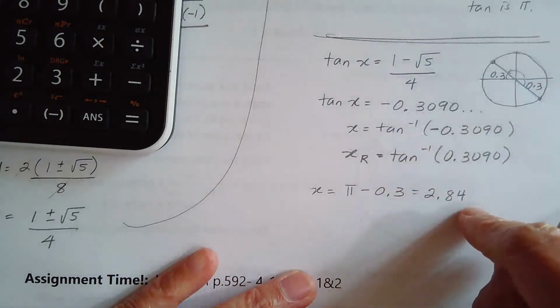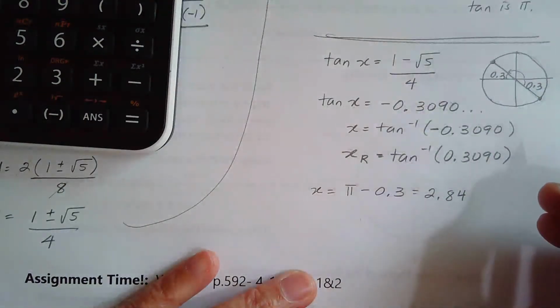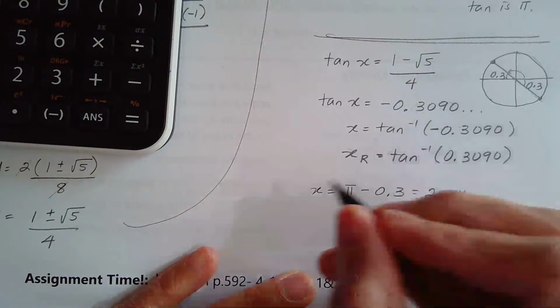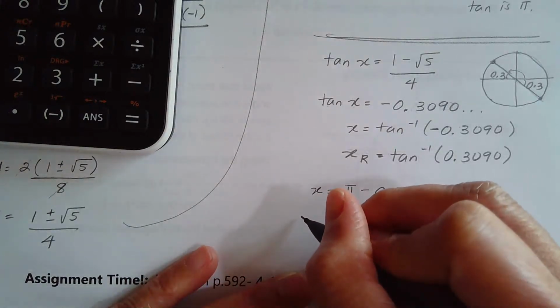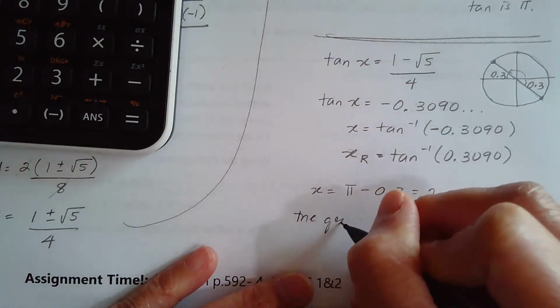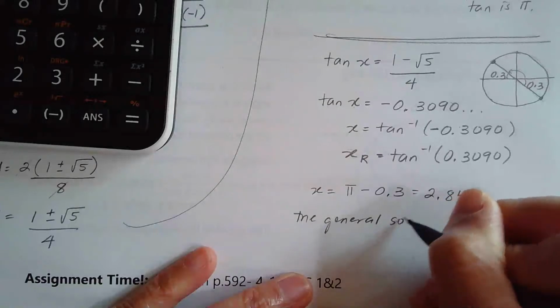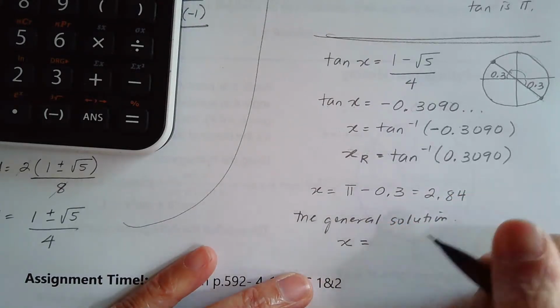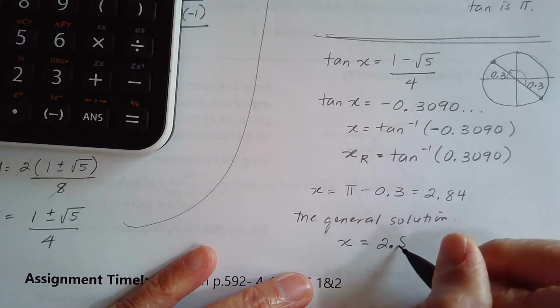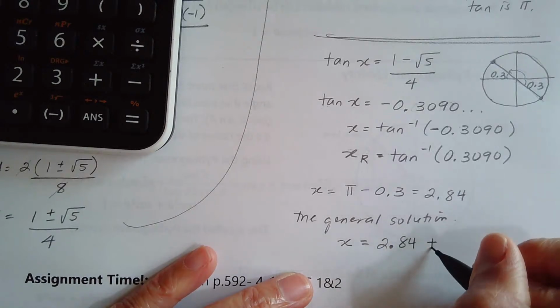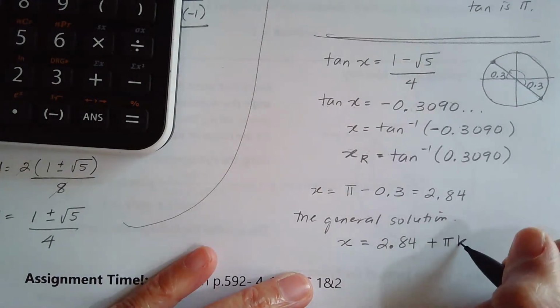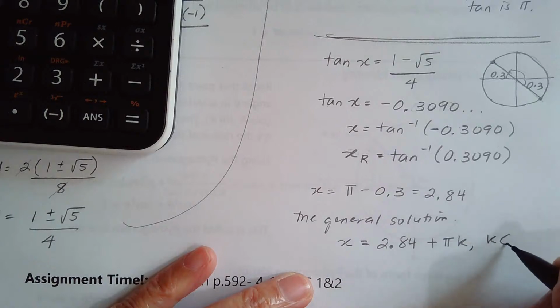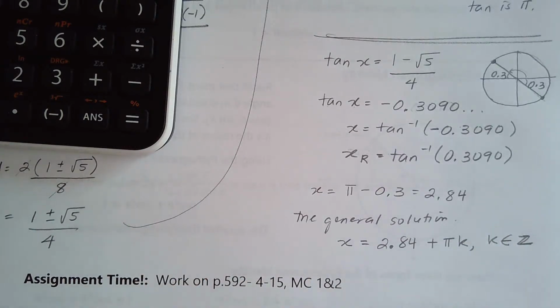So from here, the general solution is x equals 2.84 plus pi times k, where k is an element of the integers.